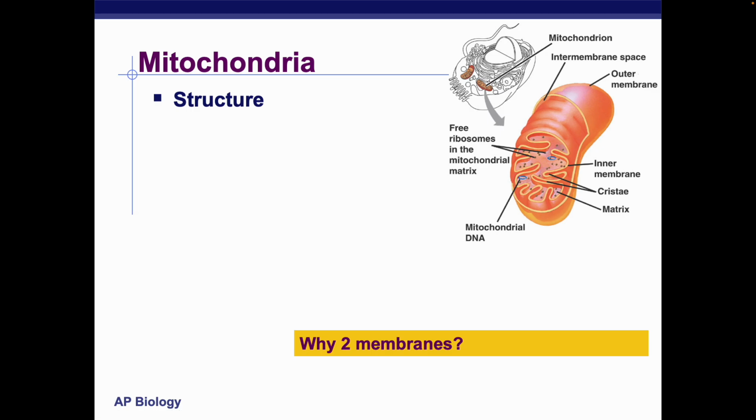Mitochondria have a very distinct structure. We have an inner membrane and an outer membrane, because there are two membranes. And we have cristae, which are folds in the inner membrane, and a matrix.